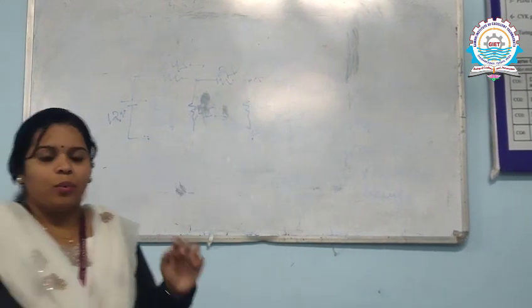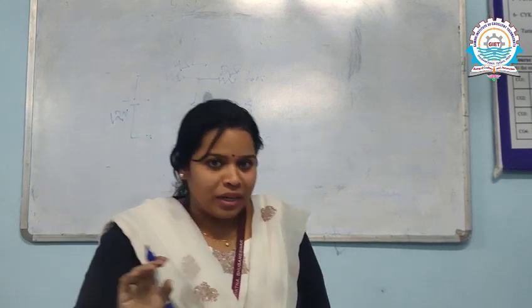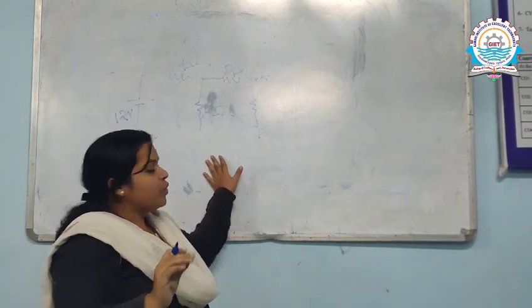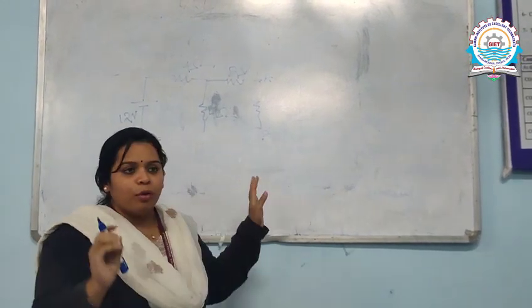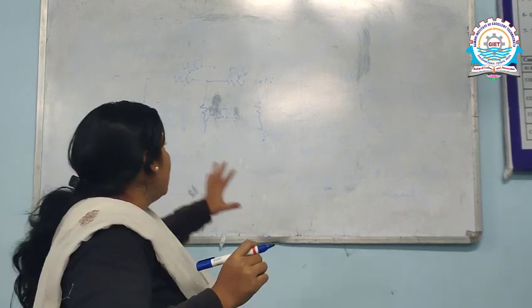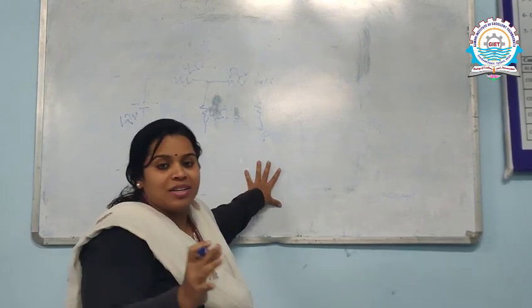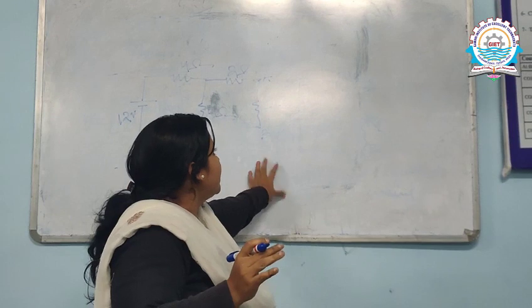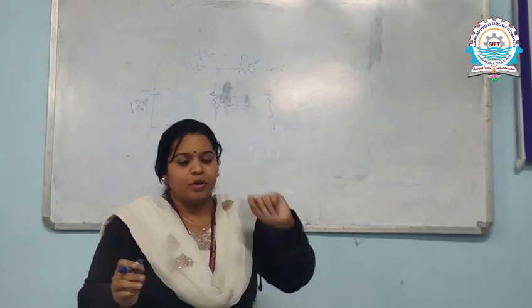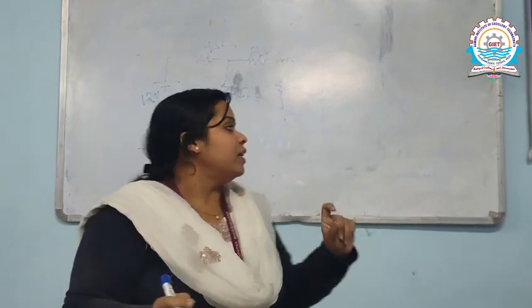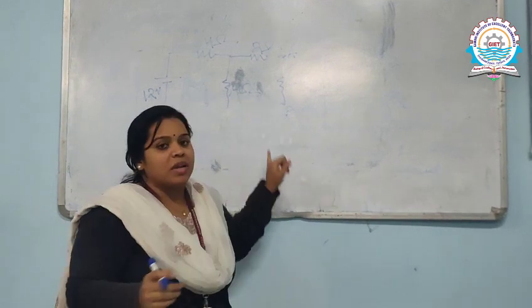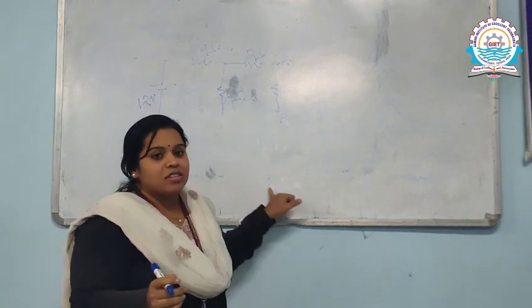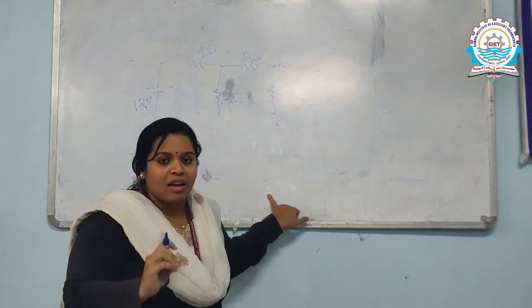This is one circuit where I have to find the Thevenin's equivalent circuit. How will we go about it? The foremost thing is to recognize which one is your RL load. If the question asks to find the current flowing through the 5 ohm resistor, then that 5 ohm resistor is my RL load.